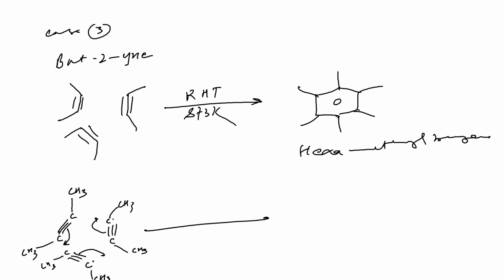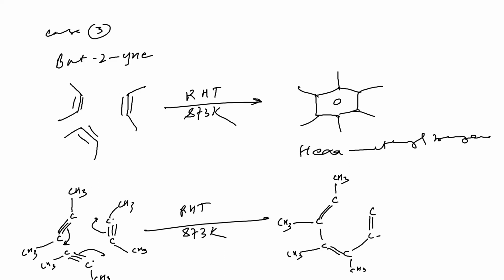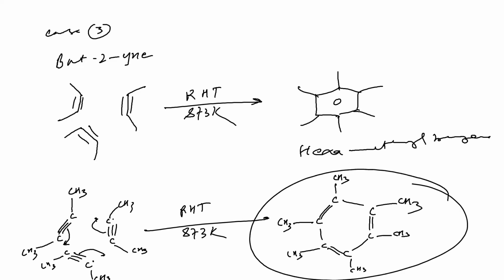This is the RHT, 873 Kelvin. So what will be there? Here is CH, double bond C, here is CH3, C, CH3, C, CH3, double bond C, CH3, here is CH. This is again going to be hexamethyl benzene, right?